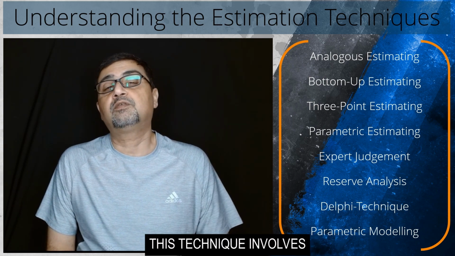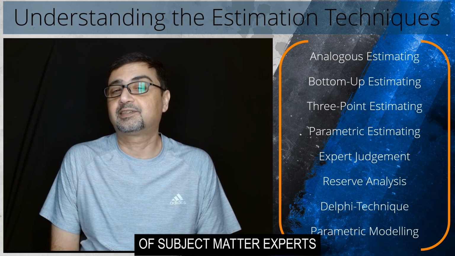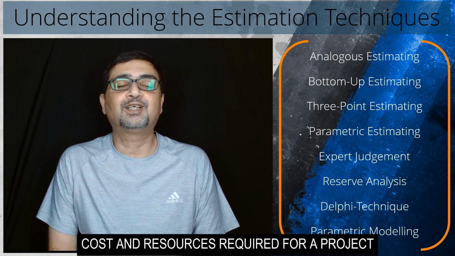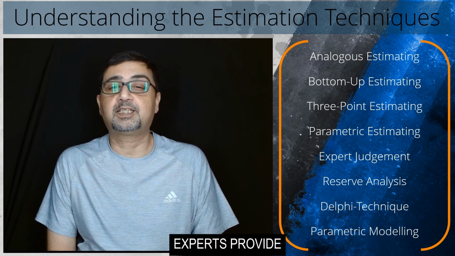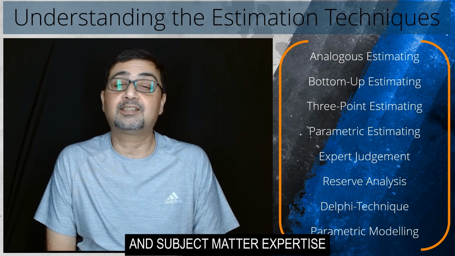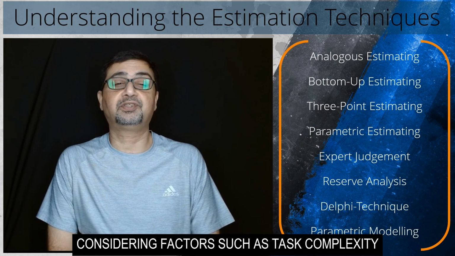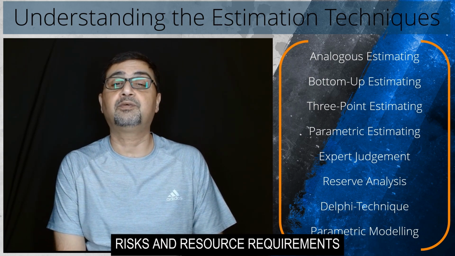This technique involves using the knowledge and experience of subject matter experts to estimate the time, cost, and resources required for a project. Experts provide estimates based on their prior experiences and subject matter expertise, considering factors such as task complexity, risks, and resource requirements.